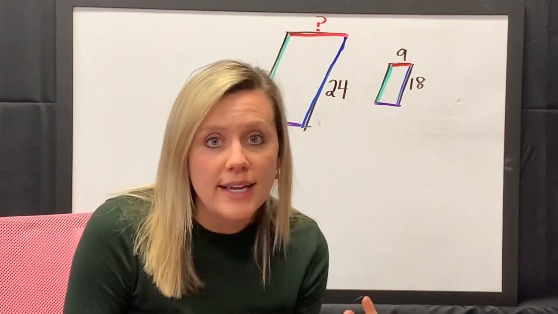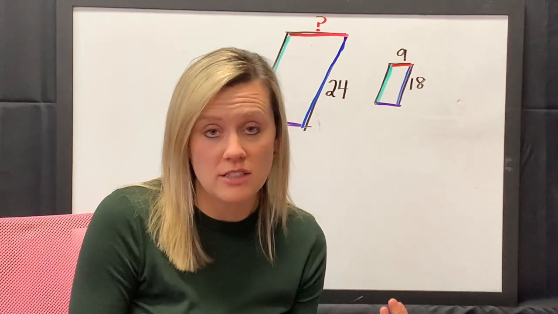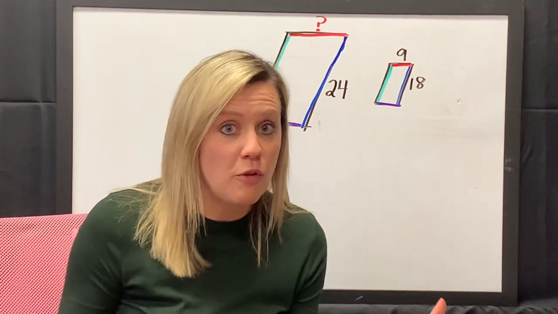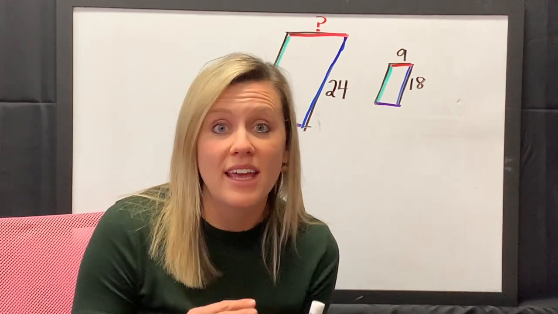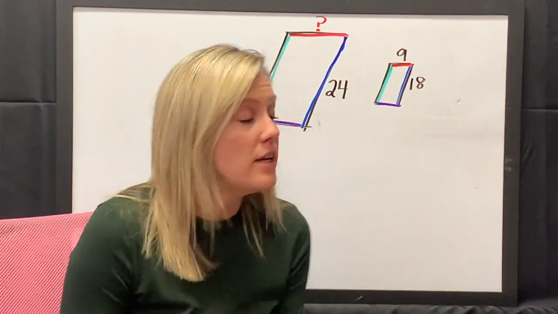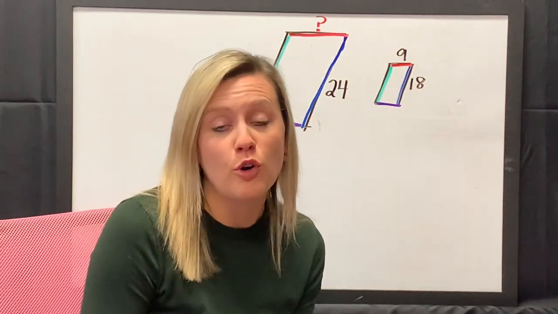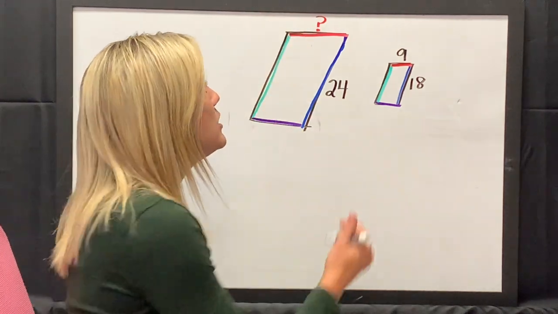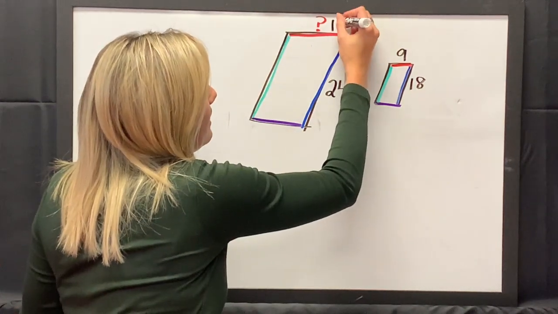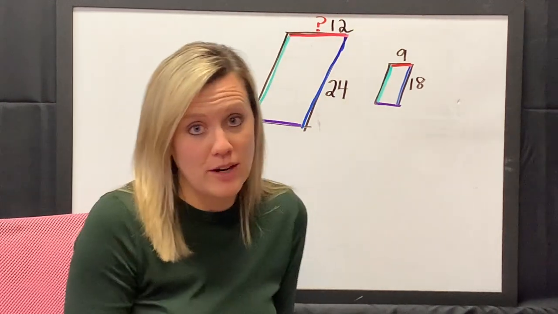So the two ways to find missing side lengths when you have similar figures is either to find the scale factor, or you could look at the ratios within one single shape. So the ratio from 9 to 18 is 1/2 or 1 to 2. So that's going to be the same ratio here, which would tell us that this side length must be 12 because 12 is half of 24.